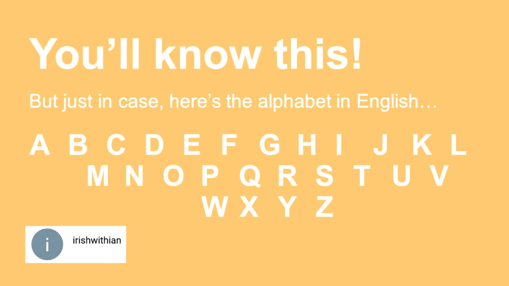Some of you might know it as your A, B, C or your A, B, C. Some of you might pronounce the letter H, others might pronounce it as the letter H. We have to bear in mind that an alphabet is a way of representing sounds, and in many cases the sounds that a particular letter represents in one language will not correlate with the equivalent letter in another.